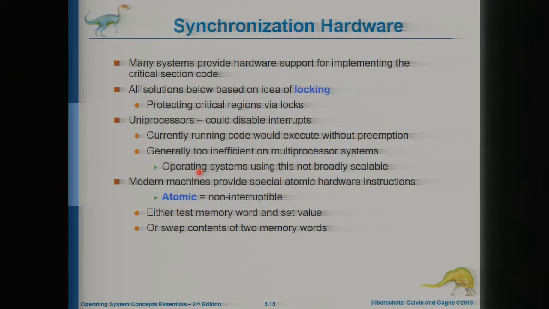The second way is that in a uniprocessor system you can disable interrupts. Once the CPU is allocated, the process will execute, and only then do we achieve mutual exclusion.